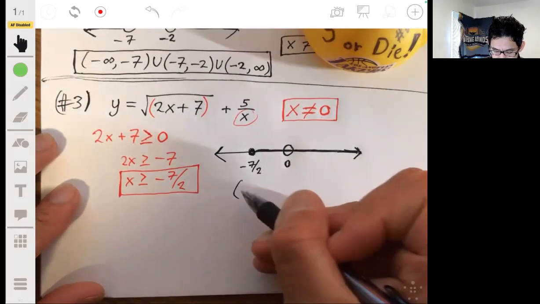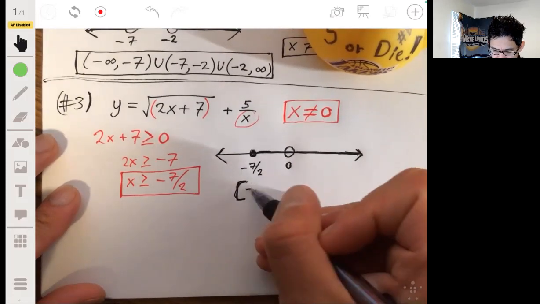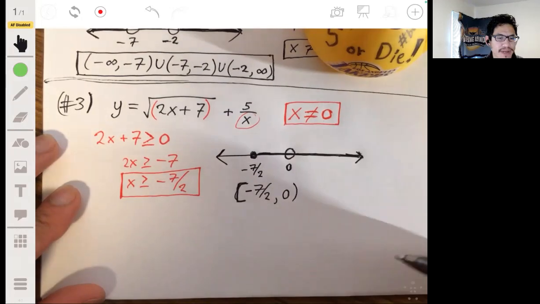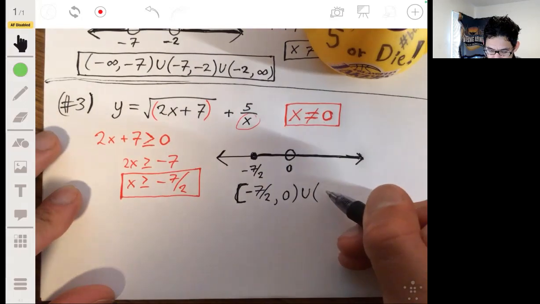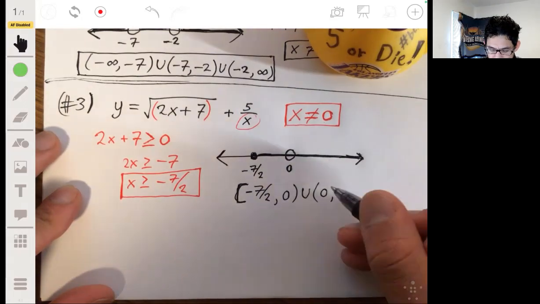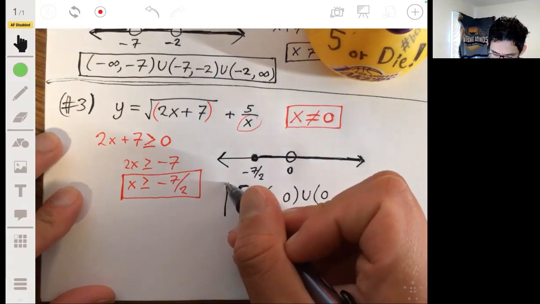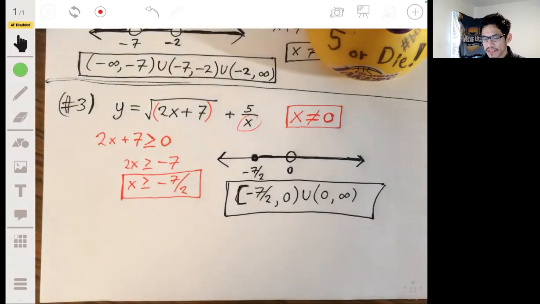So in interval notation, we're going to put a bracket because we can include negative 7 halves, comma, 0, with parentheses around the 0 because we're not including 0. We're going to jump over it. Then 0 again with parentheses, comma, infinity. And that's our domain in interval notation.